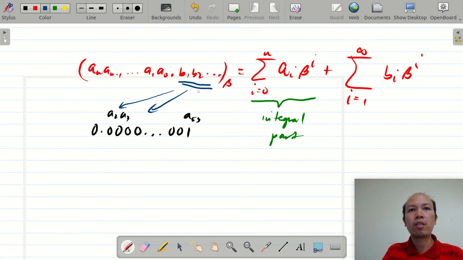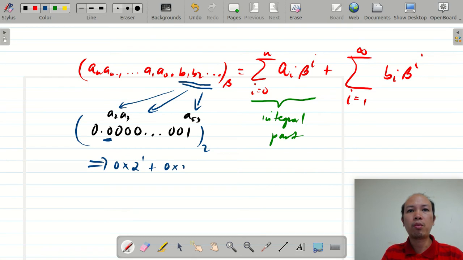Using the formula, this could be equal to 0 times 2 to the 1 for this first a sub 2, since we are using base 2, plus 0 times 2 to the 2 for the second one, up to this one here.